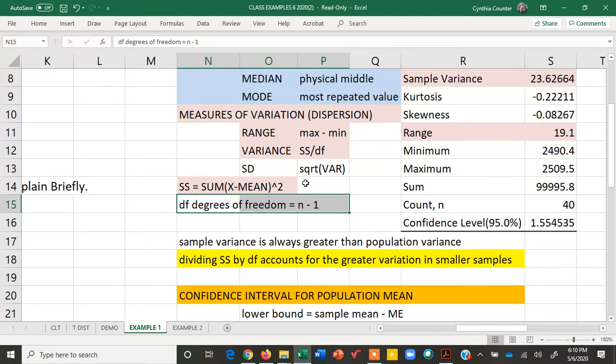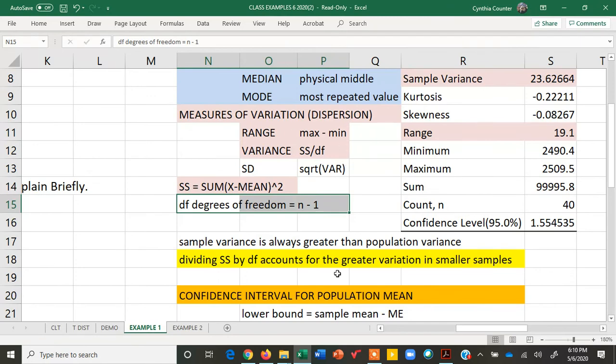The larger your sample, the smaller the difference subtracting 1 makes. This won't make as much of a difference between dividing by n and n-1, so the variance will not differ as much. More variation in smaller samples. Very important concept.